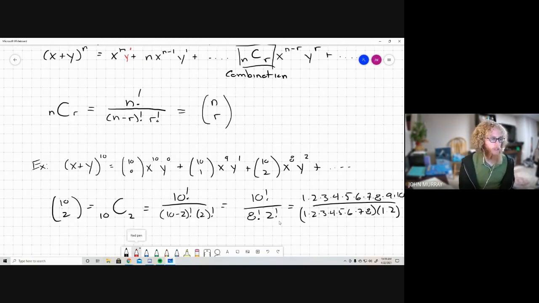And again, what's nice is it cancels out with most of 8 factorial. So I have 9 times 10 over 2. So that's 45. So the coefficient for this would be 45.